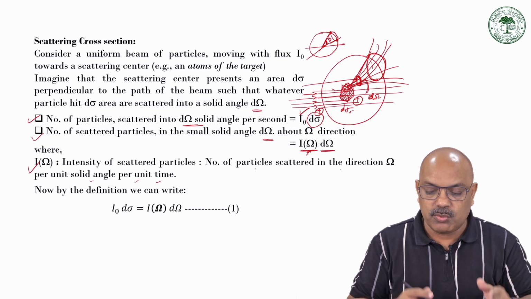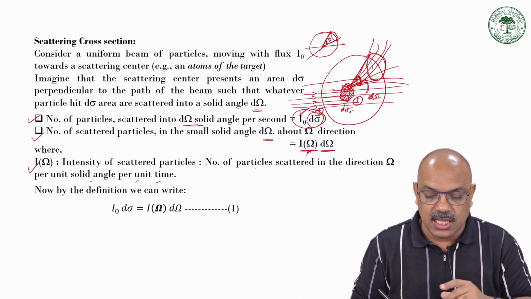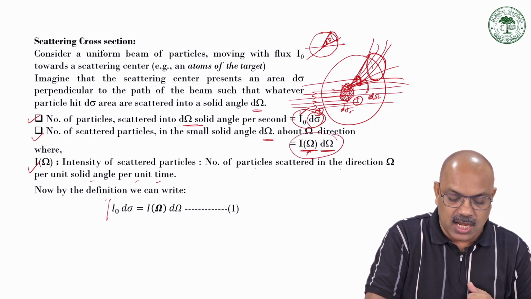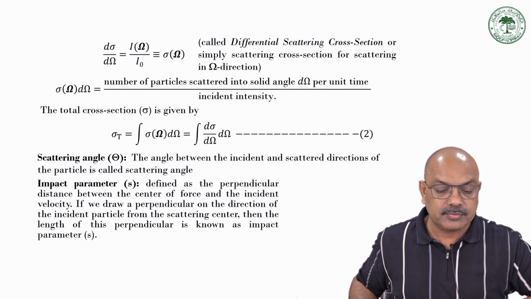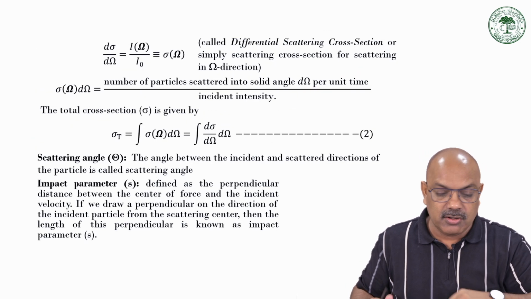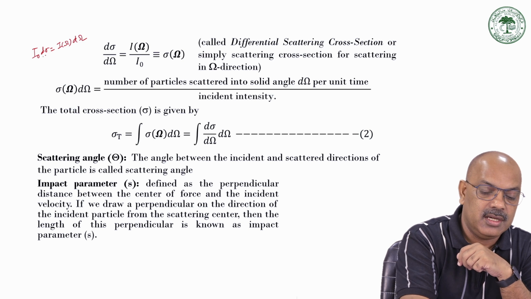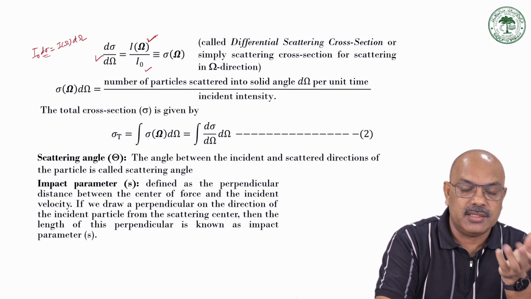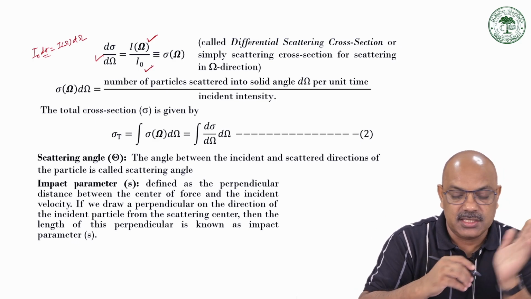Whatever number of particles, I naught d sigma, is hitting the target, the same number of particles is going to be scattered from the target. So I naught d sigma I can write as I omega d omega. From here, d sigma by d omega is I omega upon I naught. This is the intensity of the scattered flux over the incident flux.